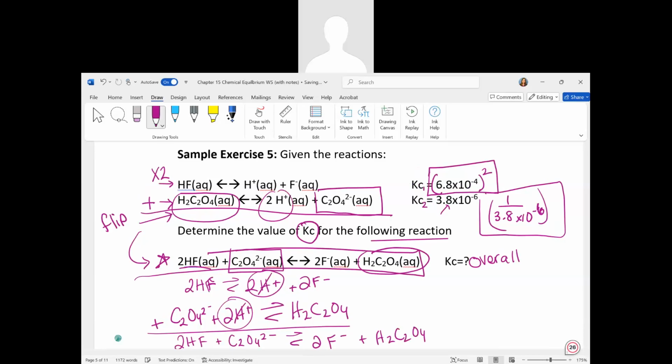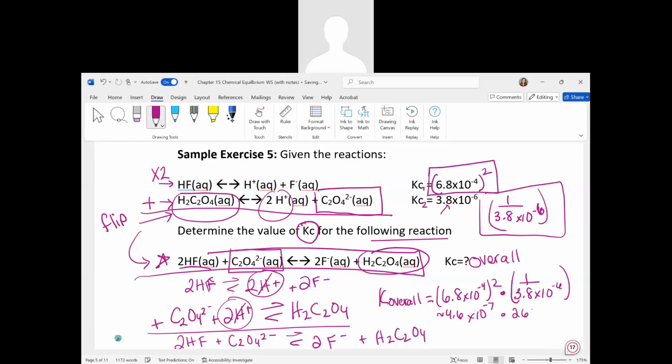That means that all we have to do to find our K overall is to multiply together 6.8 times 10 to the negative 4th, squared, times Kc2, 1 over 3.8 times 10 to the negative 6. If you do these step by step, you'll see the square of this is about 4.6 times 10 to the negative 7, and then we still have to multiply by 1 over 3.8 times 10 to the negative 6.